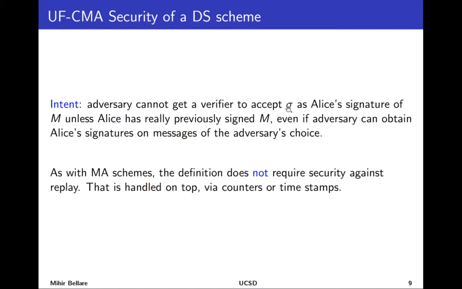If this adversary can get someone to accept something as Alice's signature of it, the adversary wins. But additionally, the adversary has the ability to see Alice's signatures on messages other than the one on which it is trying to generate a forgery. Furthermore, it can even choose these messages.